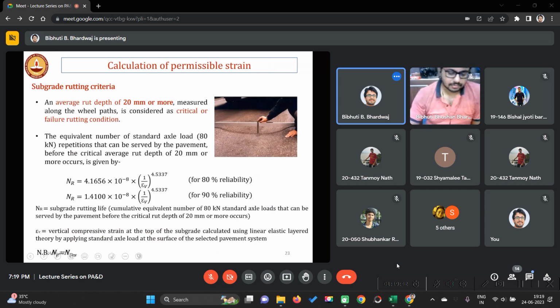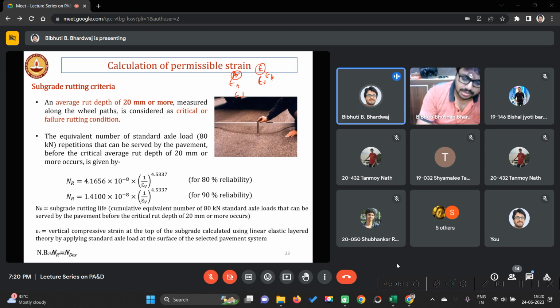Why? Okay. Now, as I said, two types of epsilon t and epsilon v are there. One is allowable, one is expected. That means one is related to the material properties, one is related to the load that is being applied on the pavement. Here also epsilon t, epsilon v.